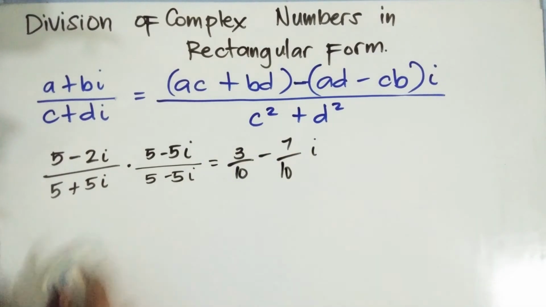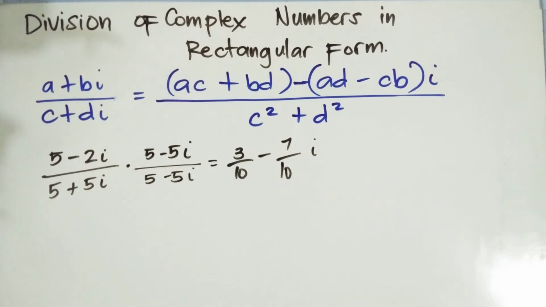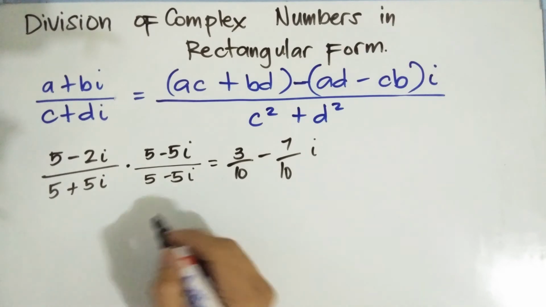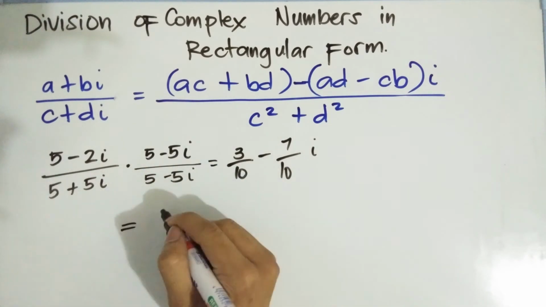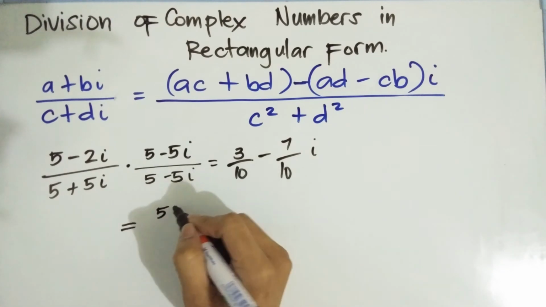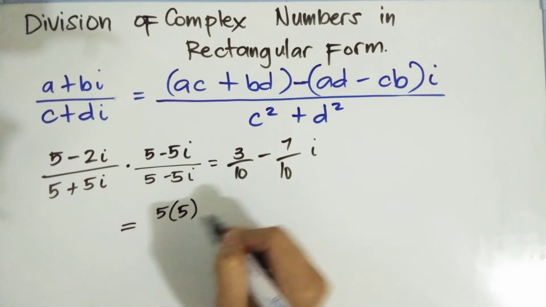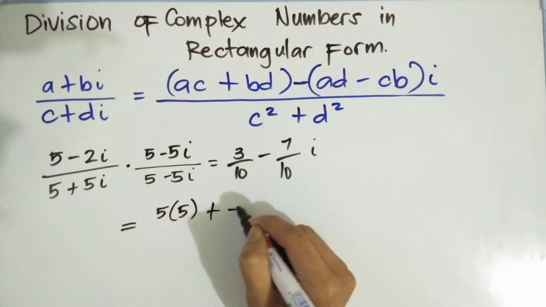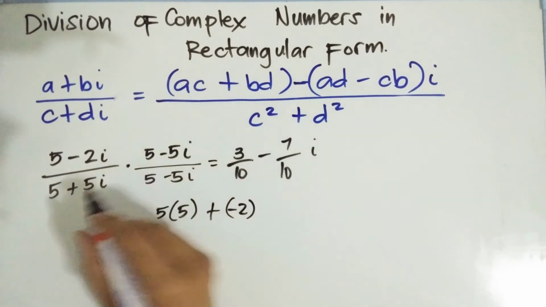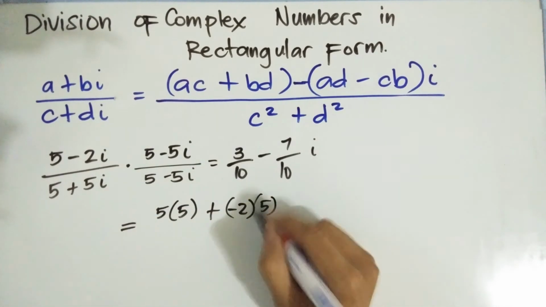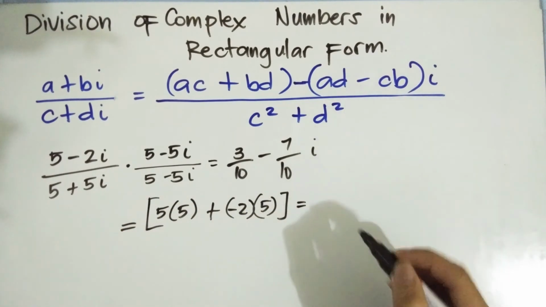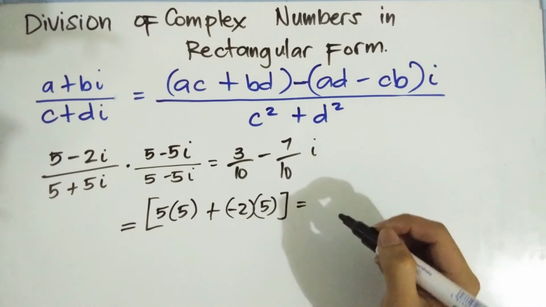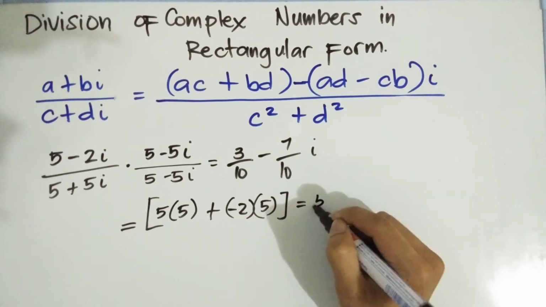Let's check whether using the formula we will arrive with the same answer. So for the formula, this would be A times C. That would be 5 times 5 plus negative 2. Your D is positive 5. This is the real part of the numerator. For the imaginary coefficient of our numerator, that would be A is 5.